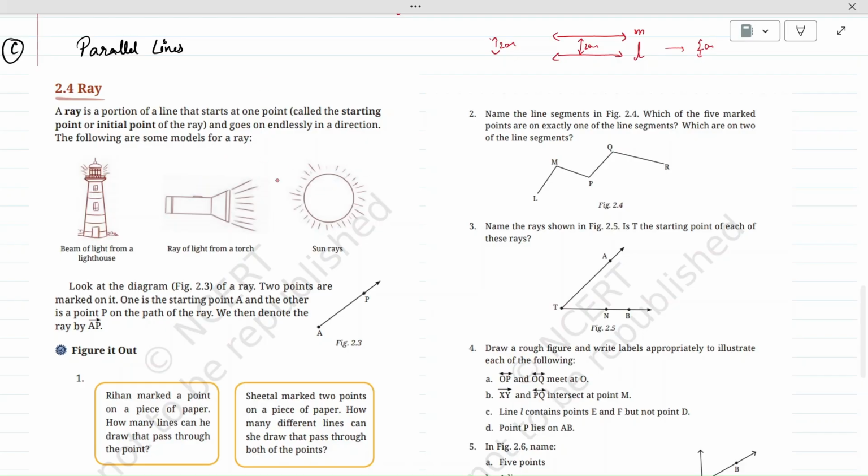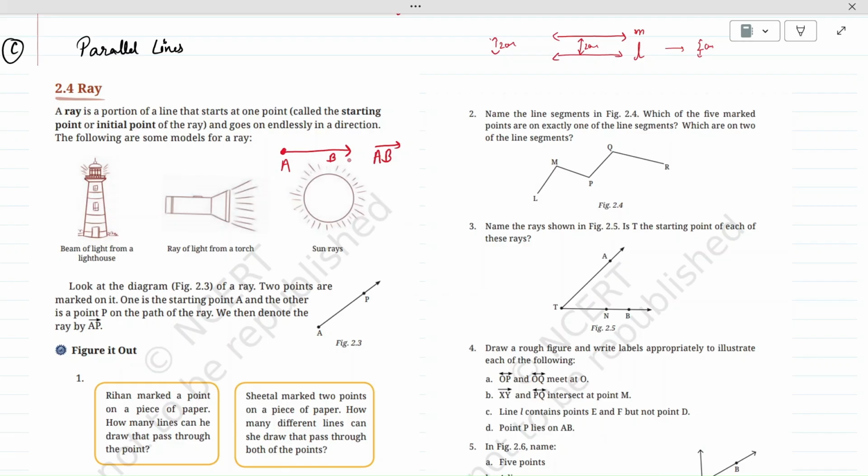So what that means is that a ray has one starting point, but it has no end point. It will start from here and it will go like this. For example, this is A and this is B. I'm marking here AB. Your AB is a ray. We denote it like this. It starts from A and it goes endlessly in one direction.